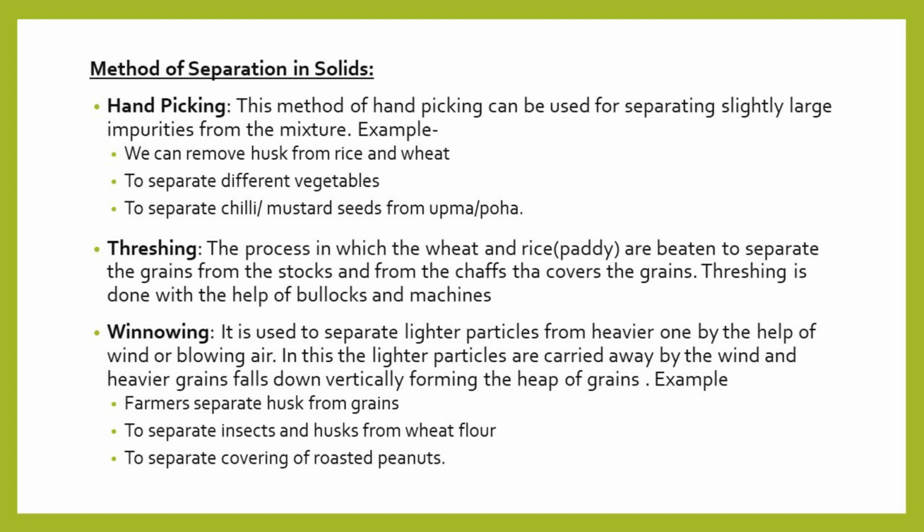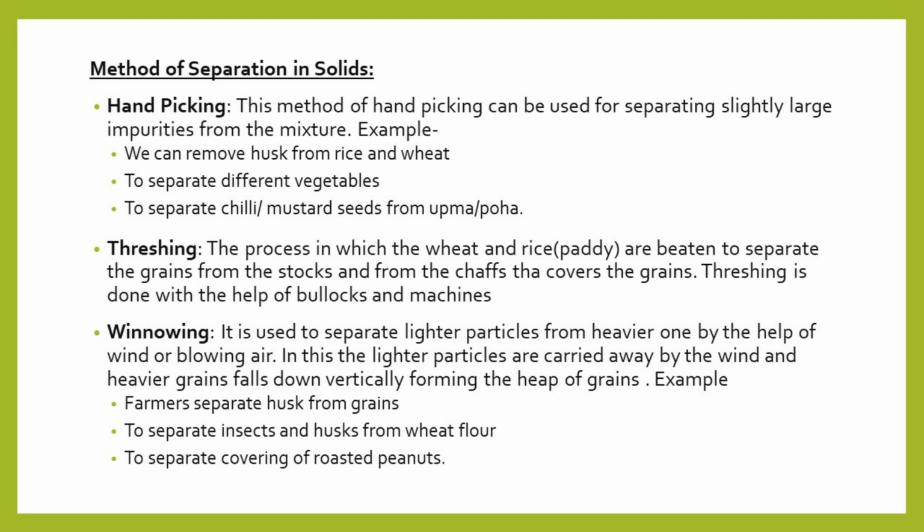So what does the farmer do? The farmer makes small bundles of these stalks and then hits them against the hard wall of mud or hard substances. In doing so, grain separates from the stalks. So this is known as the threshing method.